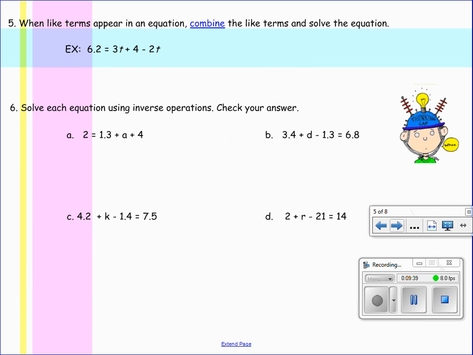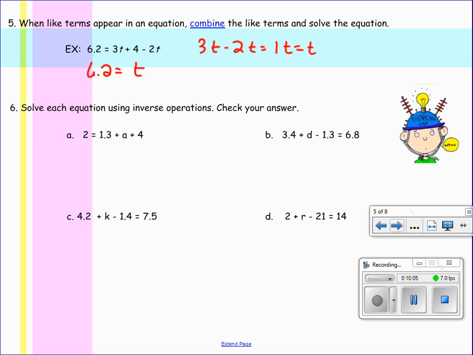Number 5, when like terms appear in an equation, combine the like terms and solve the equation. So in this example, noticing my like terms are 3t and negative 2t, so we combine those two. We just have t, because 3t minus 2t equals 1t, which is the same as t.